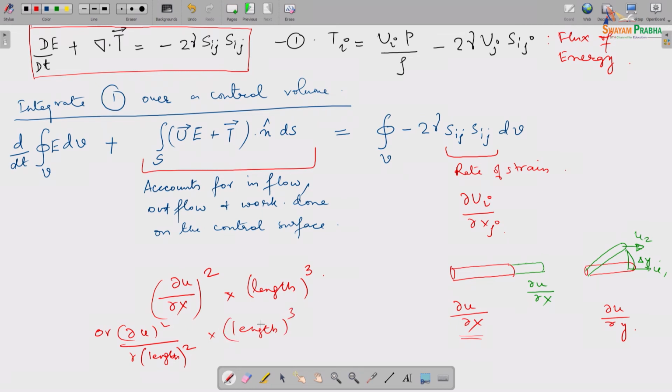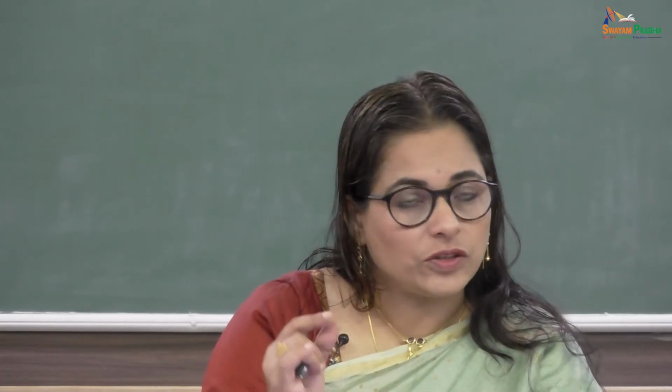If I do that, what I get is essentially length, because two of these will cancel out, into the square of the velocity. Since you are taking del, you are taking it over an infinitesimal element.